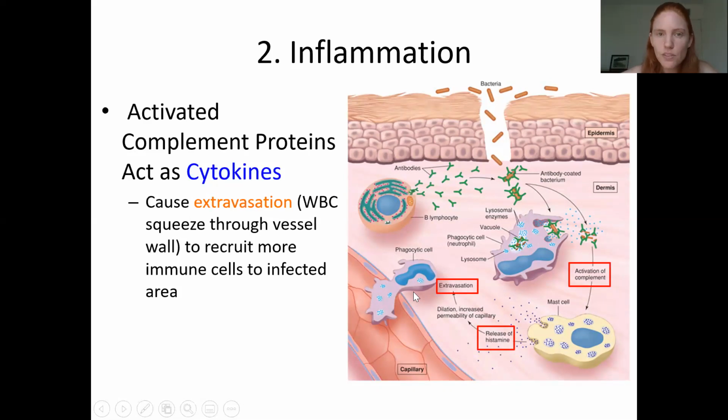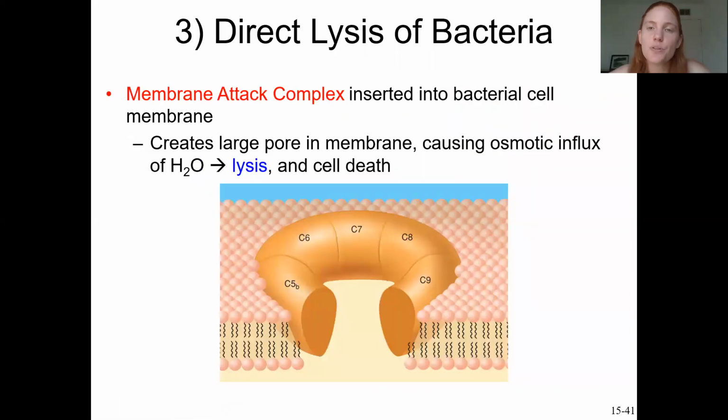Okay. And then the third thing is that those complement proteins can actually kill bacteria themselves, directly lyse the bacteria. And they do this by creating what's called a membrane attack complex. And all this is a series of proteins, okay?